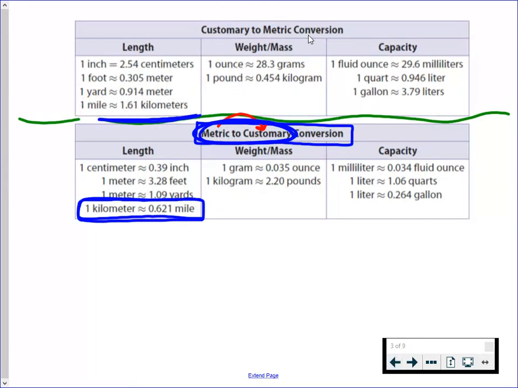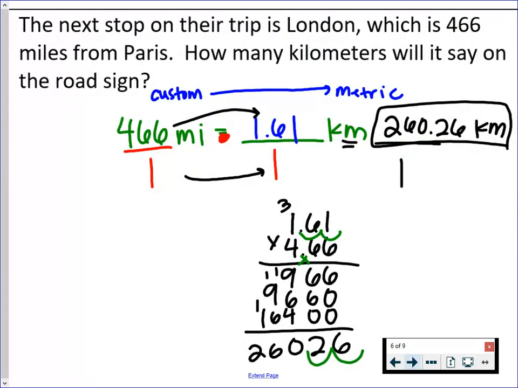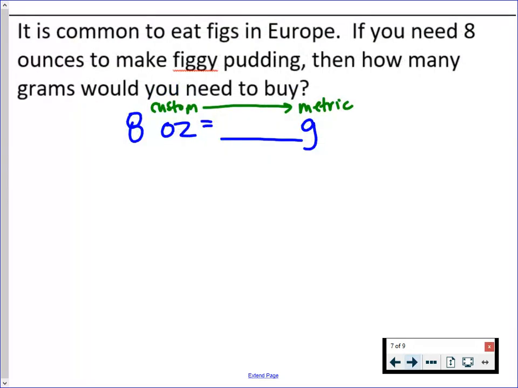Still up top. Customary to metric. Ounces to grams. What goes next to grams? 28.3. Again, here's our pattern. Bottom number still 1. Top number.